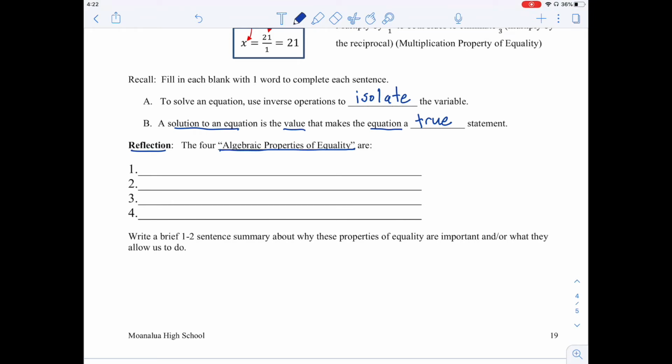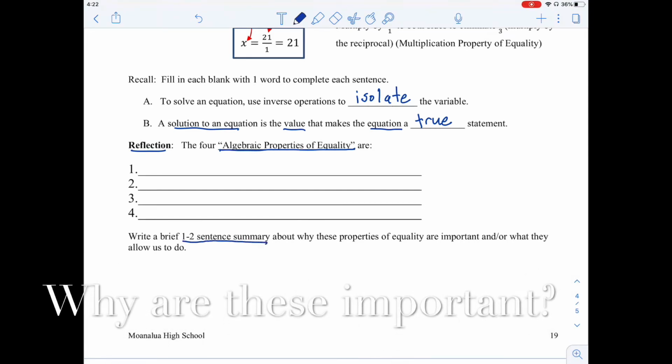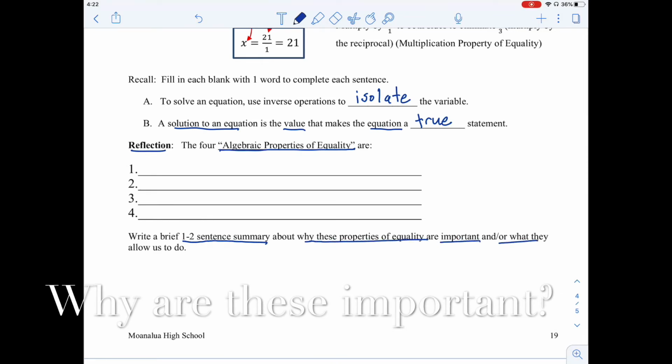Write a brief 1 to 2 sentence summary about why these properties of equality are important and what they allow us to do. Okay, so the whole purpose of having these properties of equality is we can solve equations, right? It's always both sides. Add 2 to both sides, divide 2 on both sides, square root both sides.